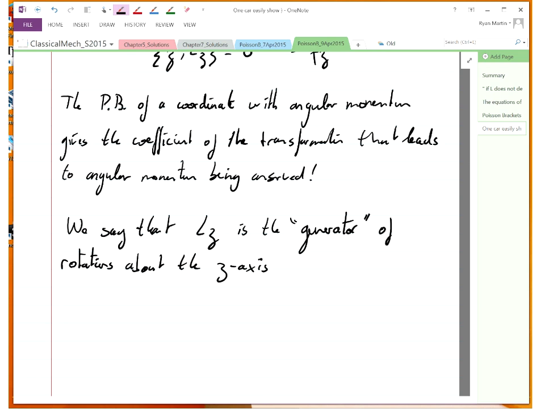So it appears that if you know that there's a conserved quantity, you can find the transformation that leads to that conserved quantity by using the Poisson bracket.